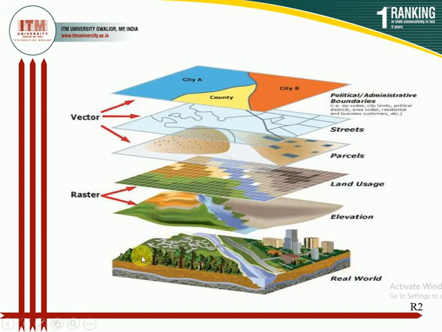This is the representation of the real world in GIS software. For depicting the real world in the GIS software like this, we need various types of data like vector and raster. All these data are in the form of different maps.